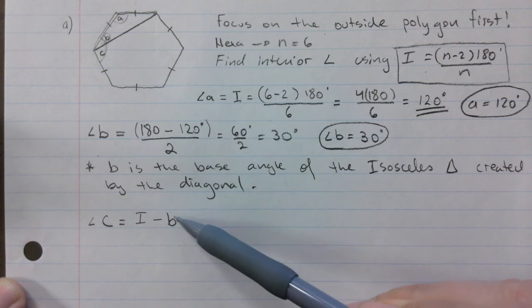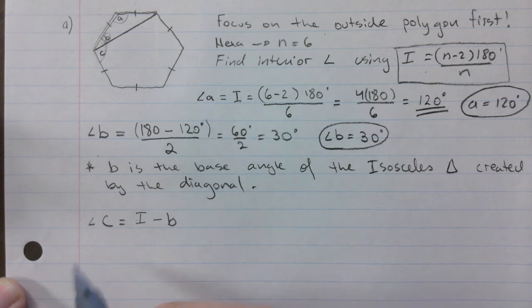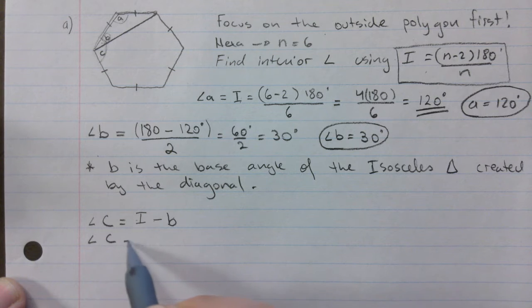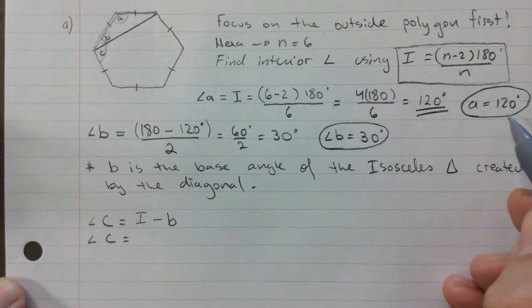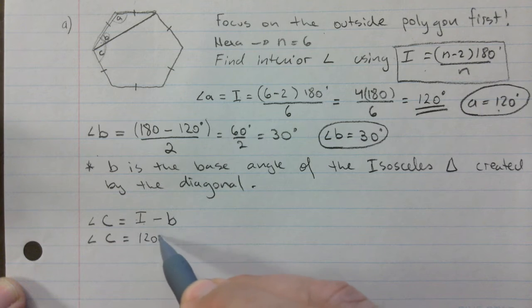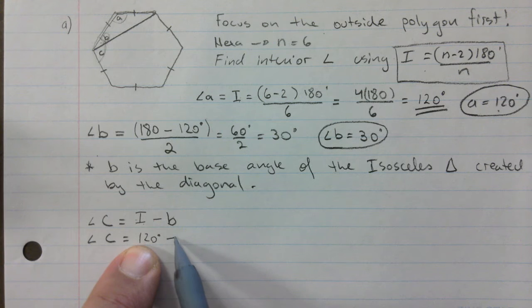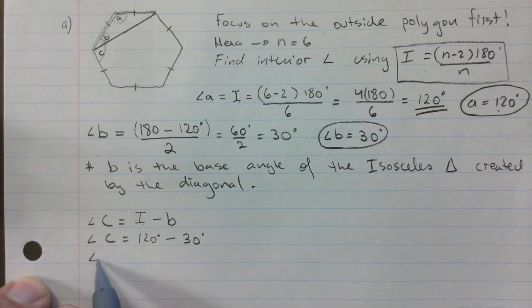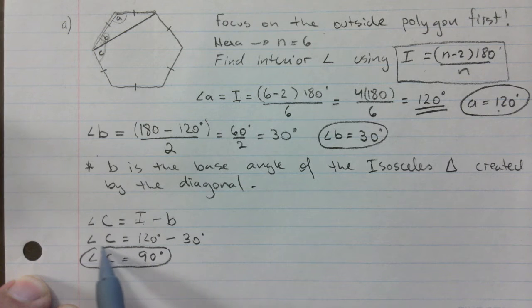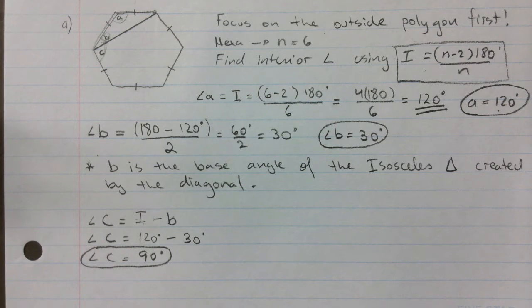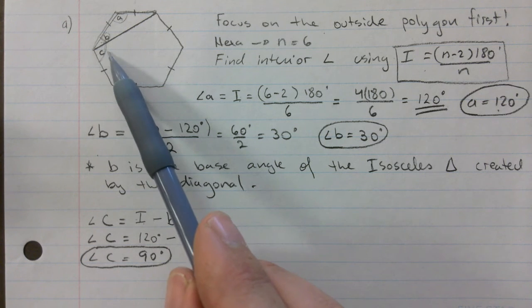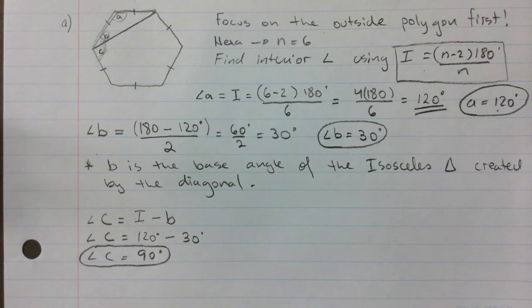B we already know, so if you subtract that from the interior, then it works. But Robert, you are right. So the interior angle is 120 degrees at that corner, because remember, at every corner you have a 120 there. You subtract B, which is 30, and angle C is actually 90 degrees. There's a 90 created there at this corner. Okay.